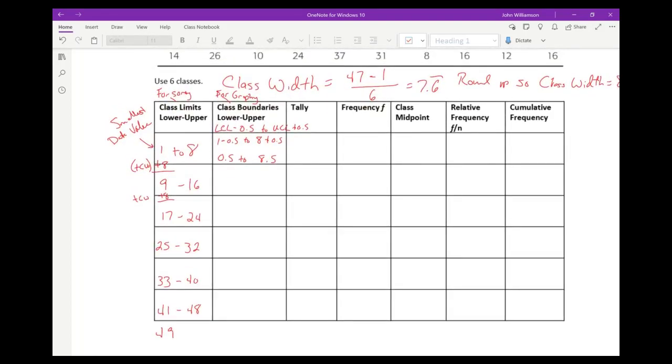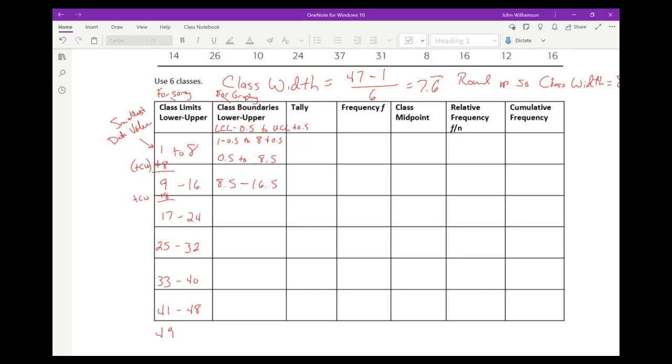And so you do that the whole way down. So my next class, so 9 minus 0.5, since it's a lower limit, which would be 8.5. And then 16 plus 0.5, since it's an upper limit, 16.5. Notice these two are the same, right? That's by design, because when we're graphing it, we want the classes to touch.